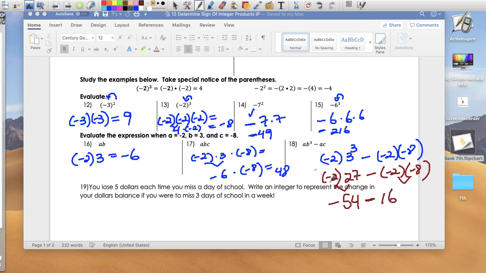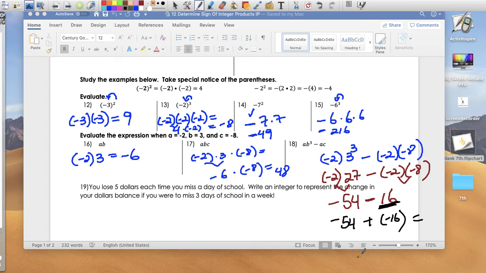Now, those of you who are comfortable subtracting in this manner without changing it to an addition problem, you may. Those of you who want to change it, I will change it. So we're going to change it to an addition problem where we add the first addend to the additive inverse of the second addend. So that stays. Now change the subtraction to addition, and we use the additive inverse of 16, which is negative 16.